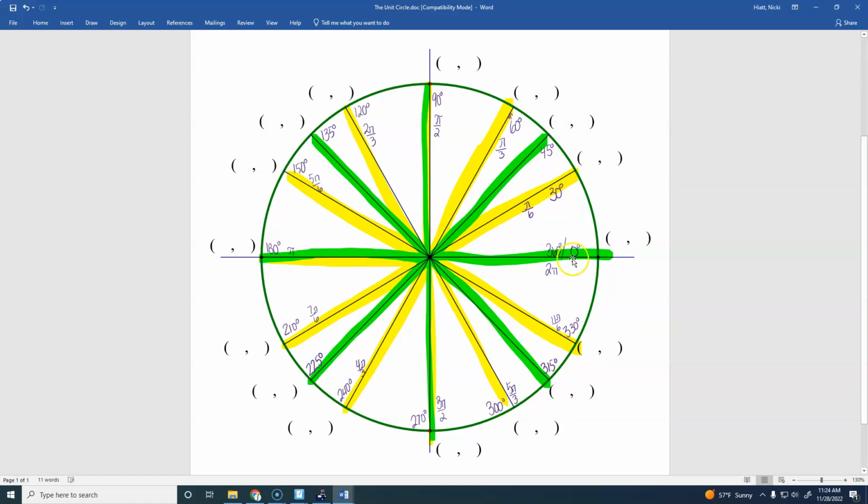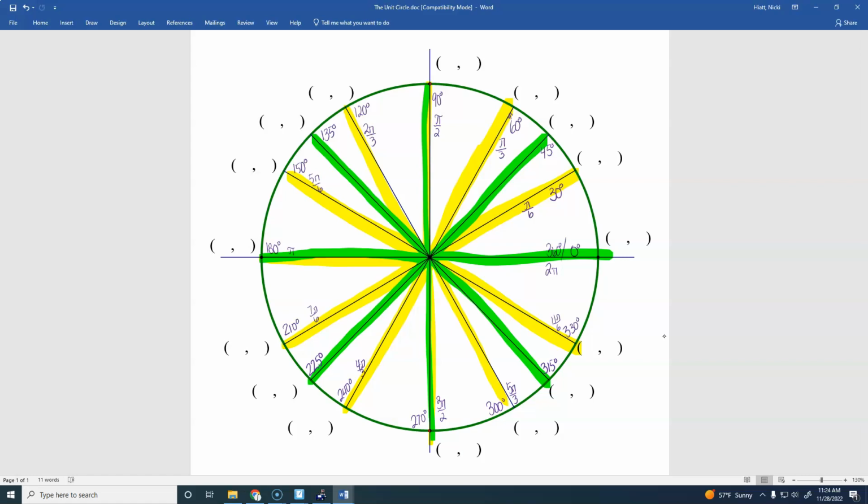And then 315 plus 45 will give me 360. We okay with degrees?